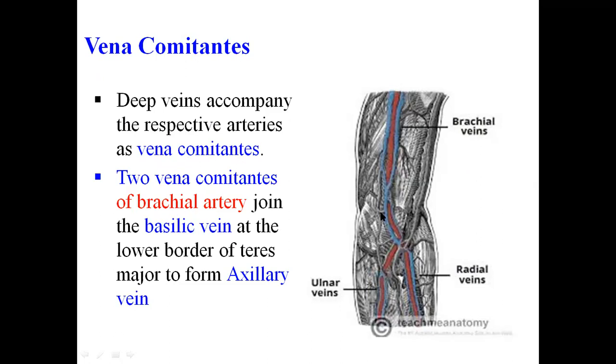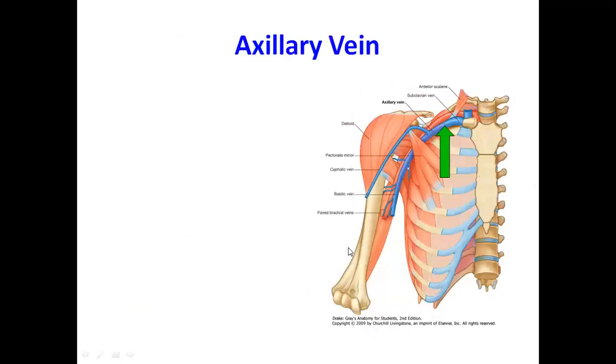So finally, you see these vena comitants join the basilic vein at the lower border of teres major to drain into axillary vein. You can see this is how it is going. This is the axillary vein. This is the basilic vein. Can you see the deeper veins also are actually opening here?